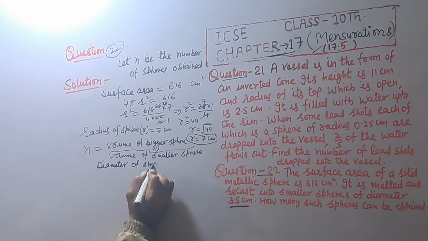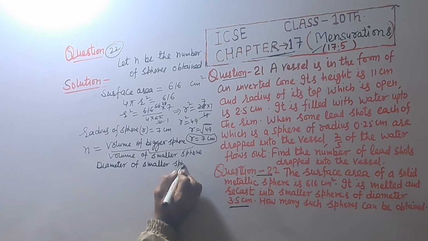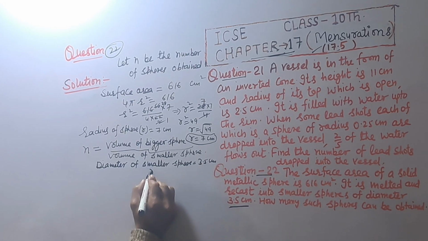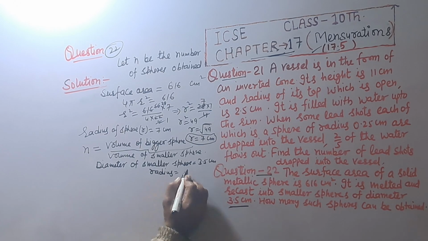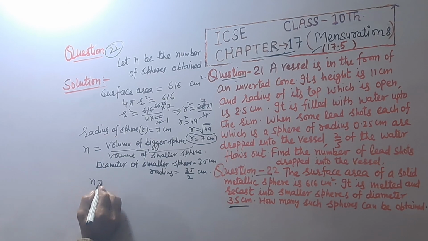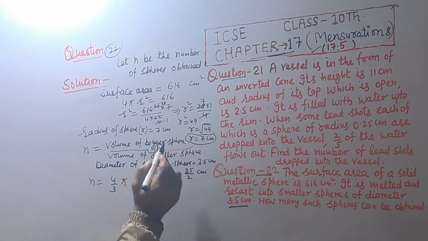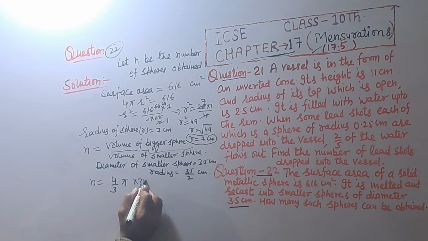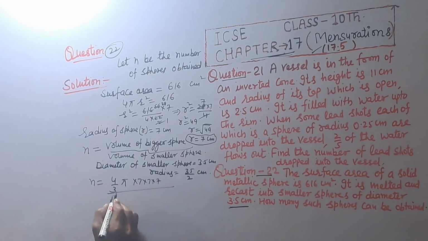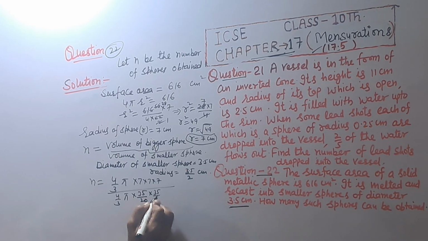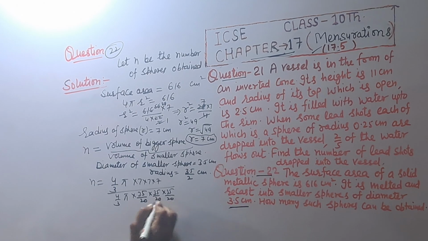Diameter of smaller sphere equal to 3.5 centimeter and radius equal to 3.5 upon 2 centimeter. n is equal to 4 upon 3 pi radius of bigger sphere, that is 7 into 7 into 7, divided by 4 upon 3 pi radius, 35 upon 20 into 35 upon 20 into 35 upon 20.